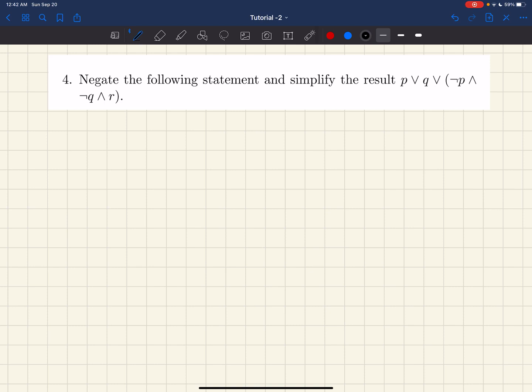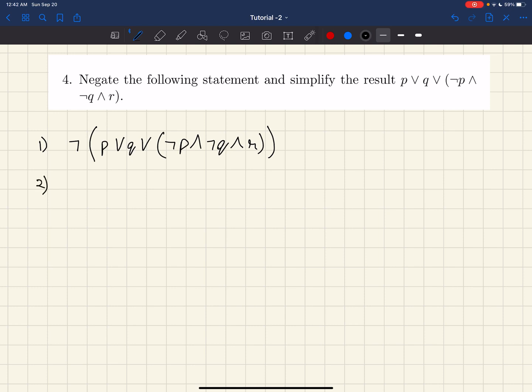So we'll start by not of P or Q or, so this is the first statement.